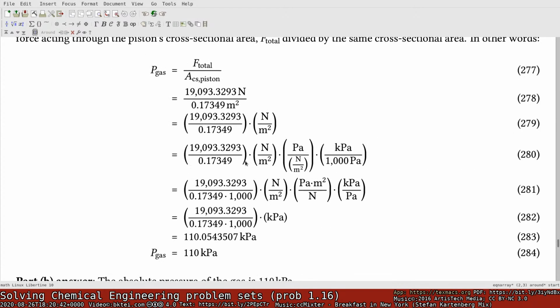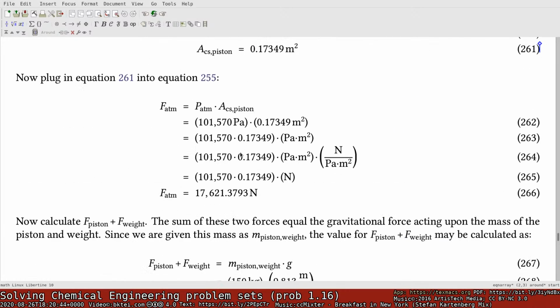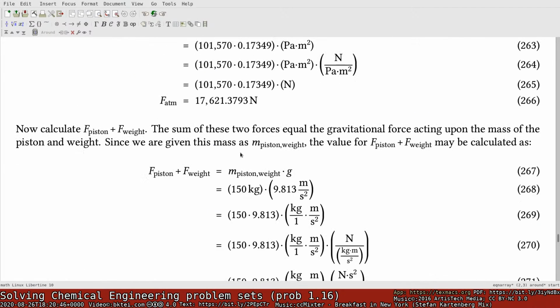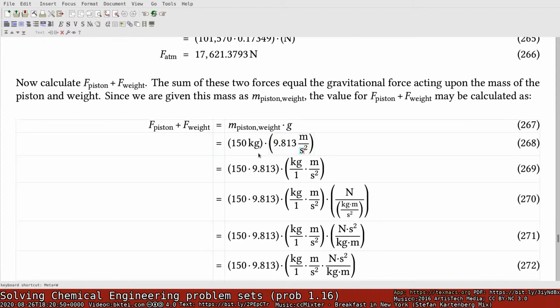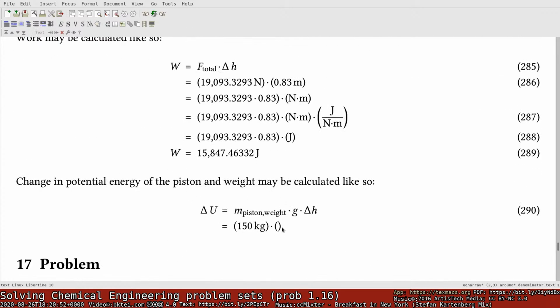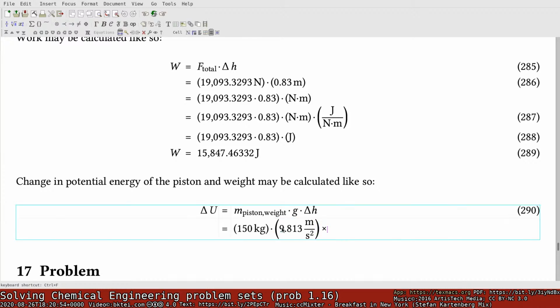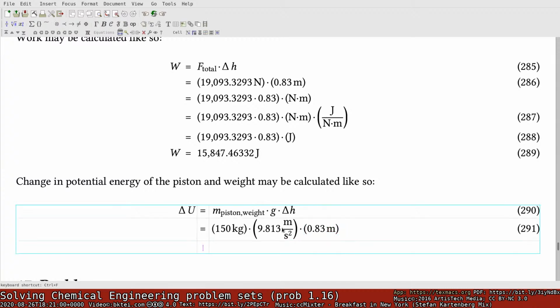Do I already use that somewhere? Yeah, we already did. Okay. Well, there's g. Times 0.83 meters. So these units will be 150 times 9.813 times 0.83.